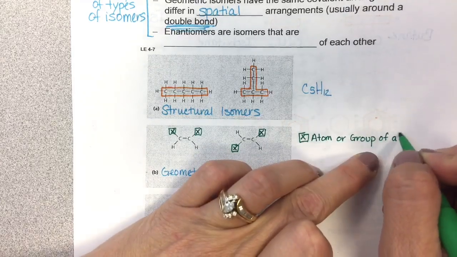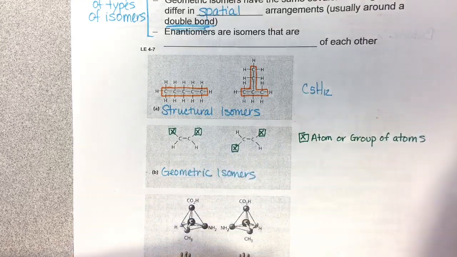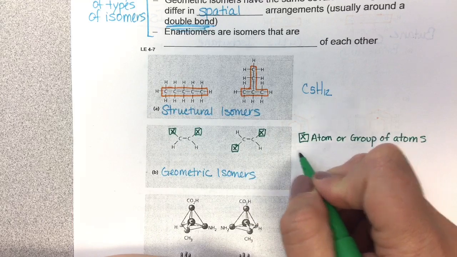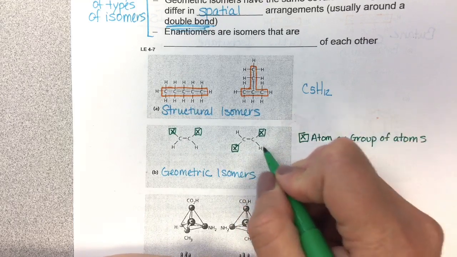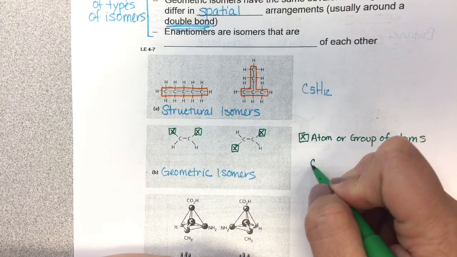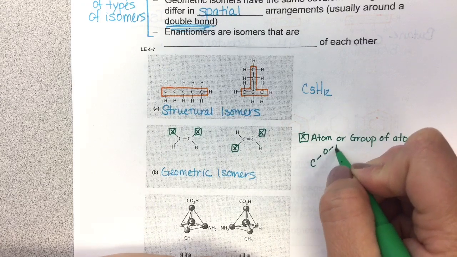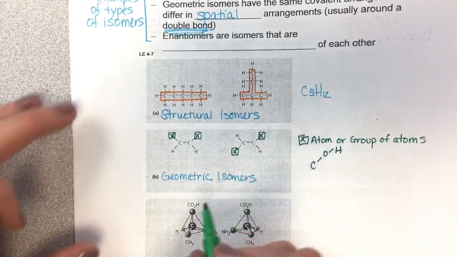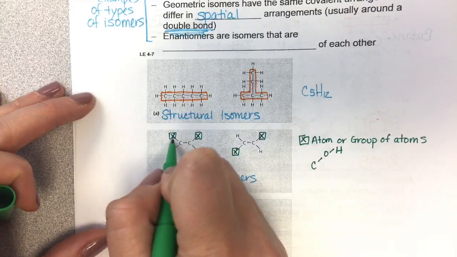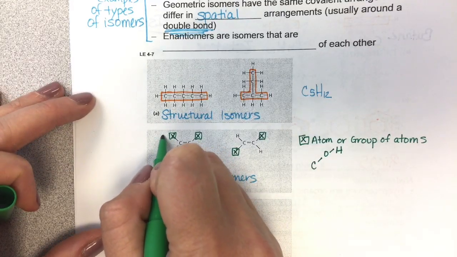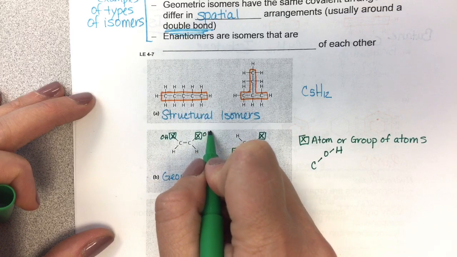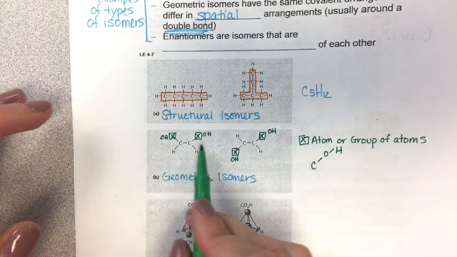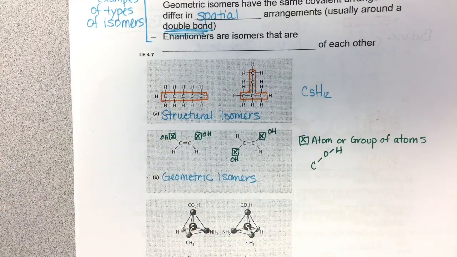So for instance, X could be, to this carbon, that bond right here, it could be an O bonded with an H, so OH, and so the X represents an OH. So when we look at this, we could say, okay, C, and then we have an OH here attached, and an OH here, and an OH here, and an OH here. So it just means that it can be an atom or group of atoms.